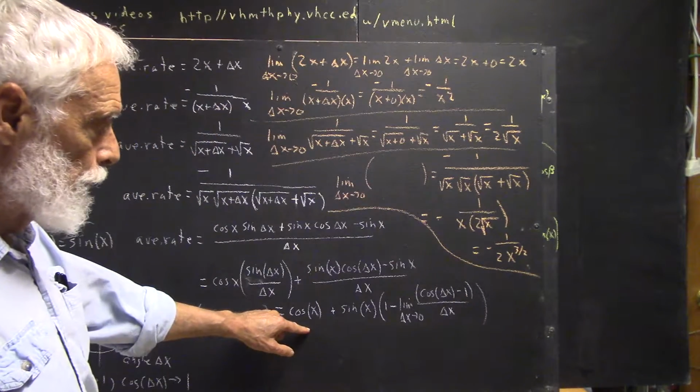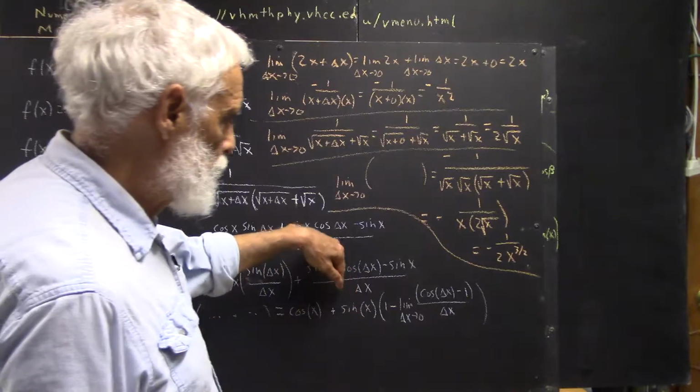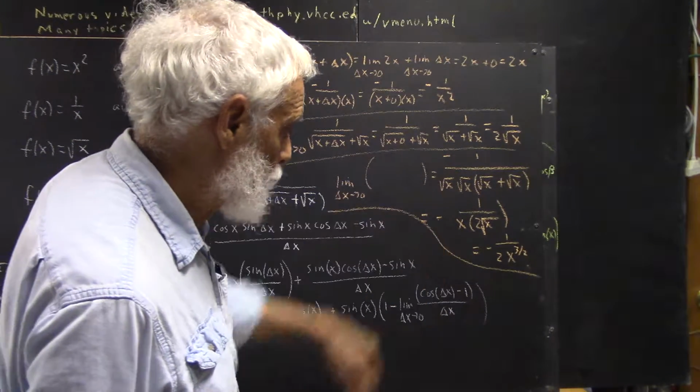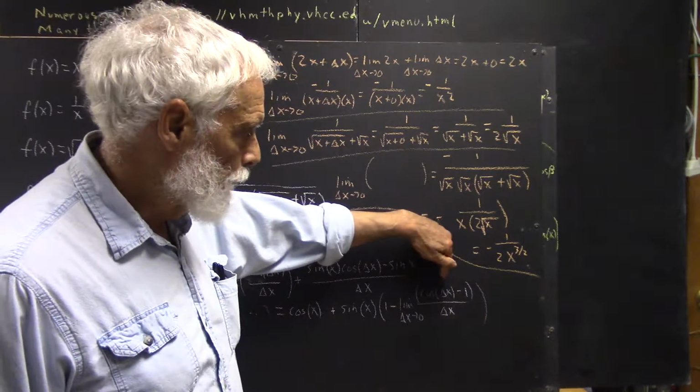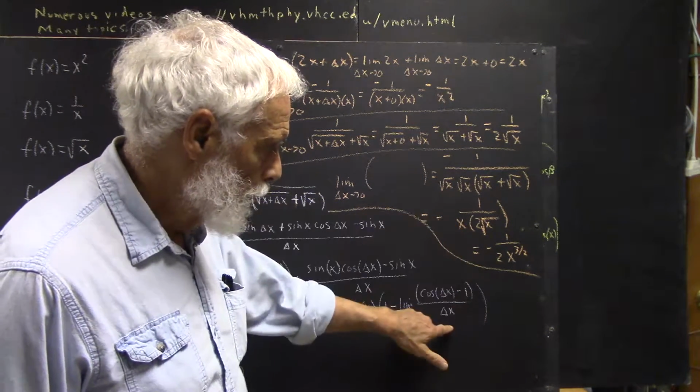So we've got a cosine of x, and we got a sine of x times this. Okay? Now the question becomes, what happens to cosine of delta x minus 1 divided by delta x?